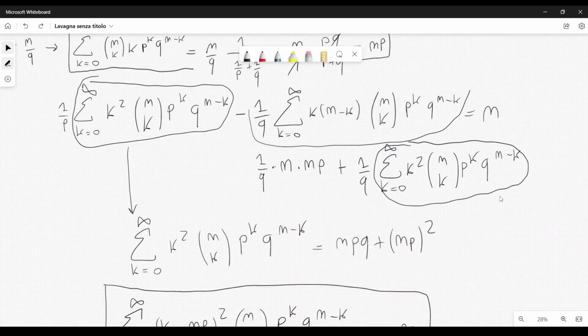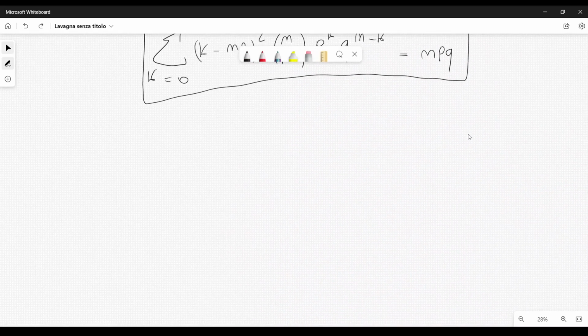And now we can finally do the derivation for the binomial distribution tending to the Gaussian one. We have to consider n choose k, p to the k, q to the n minus k, and now we will do some mathematical steps to show that as n grows larger, this will go to the Gaussian distribution.